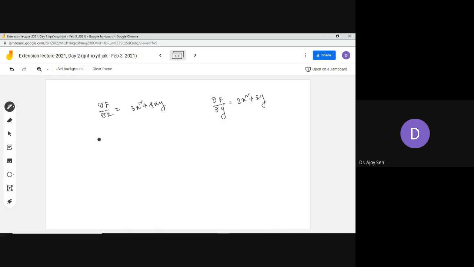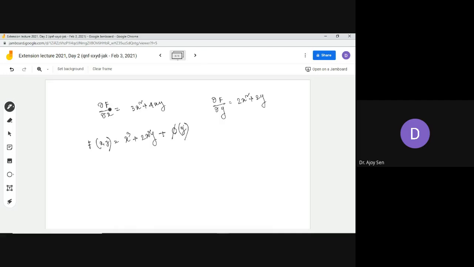So what is f? You just take integration, and if you integrate this side, you will get x cube plus 2x square y, and there will be a constant. But since this is a partial derivative, this constant will not be a perfect constant, it will be a function of y.